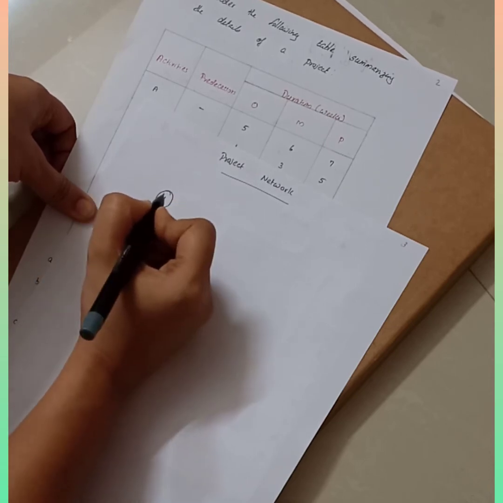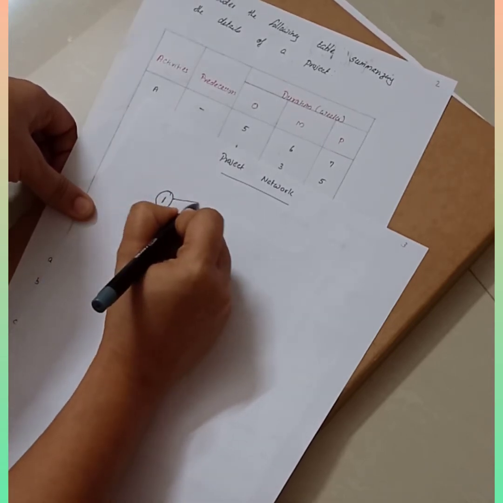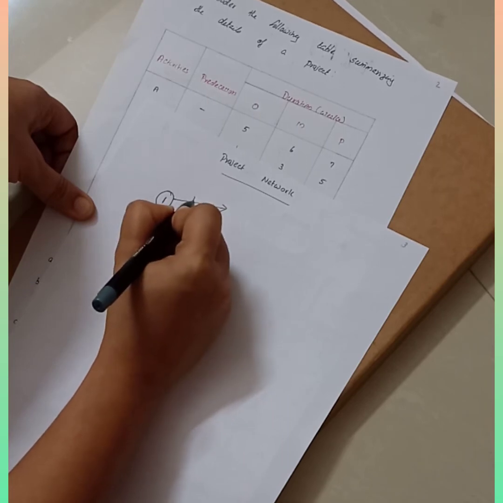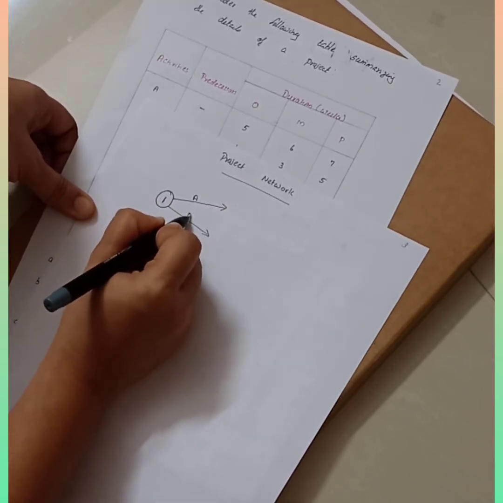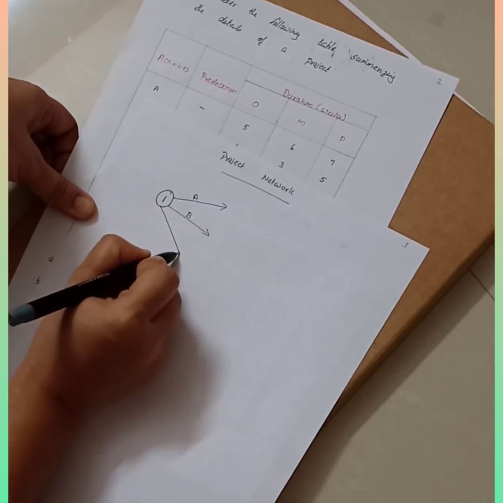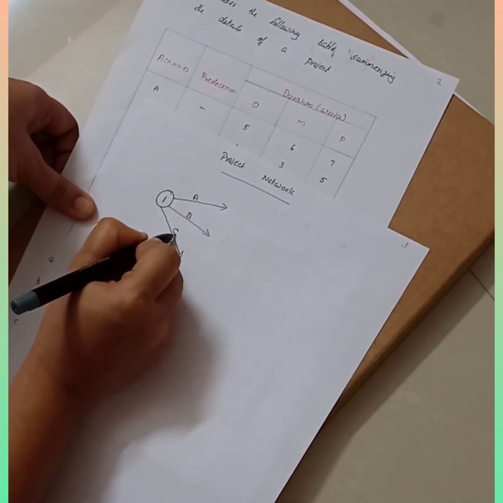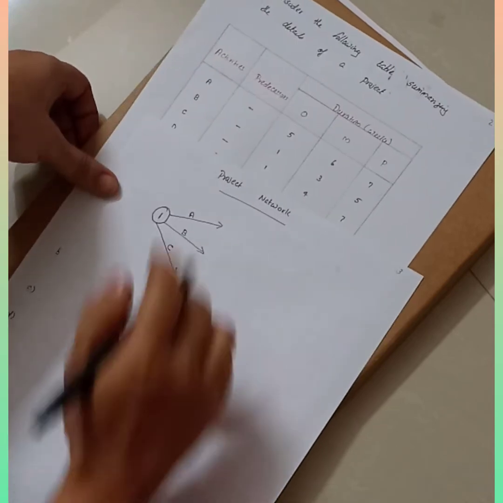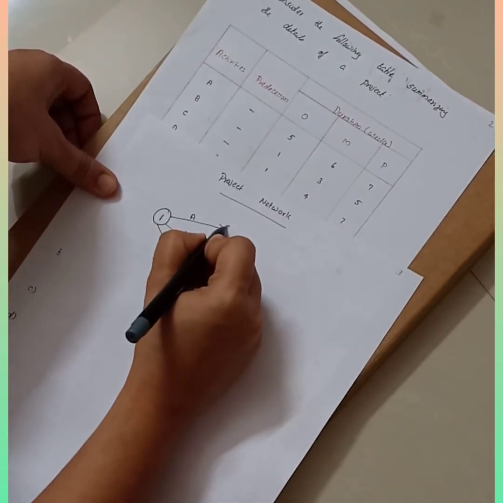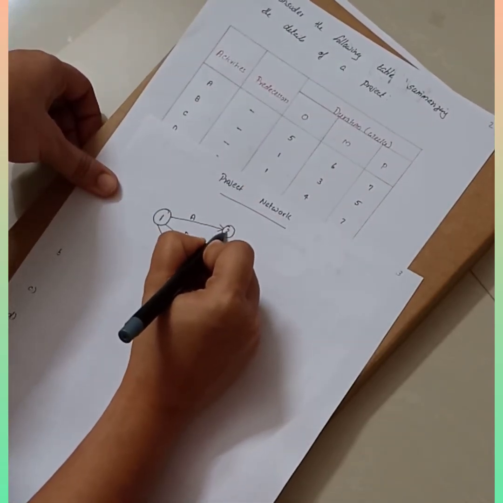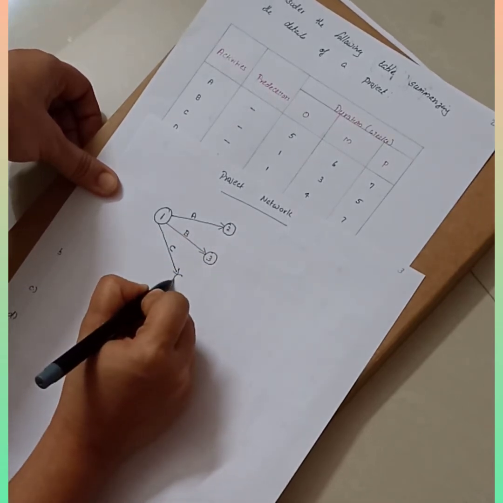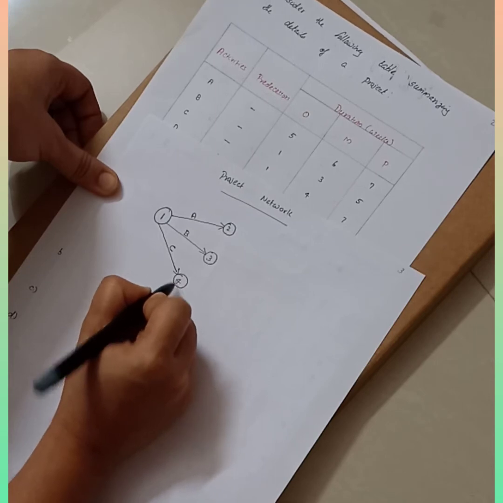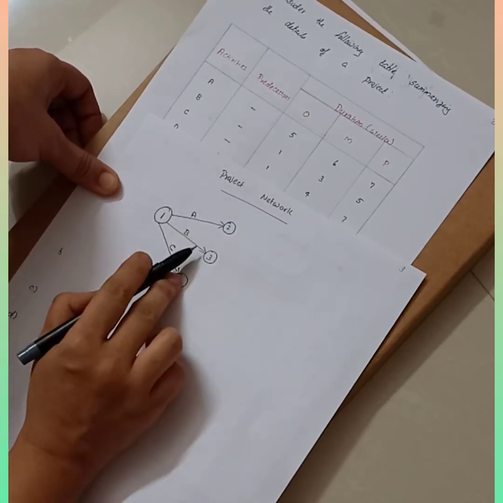You have the first node and you have three activities coming from this node, A, B and C. So this is the second node, 2, 3 and you have the final one, 4.